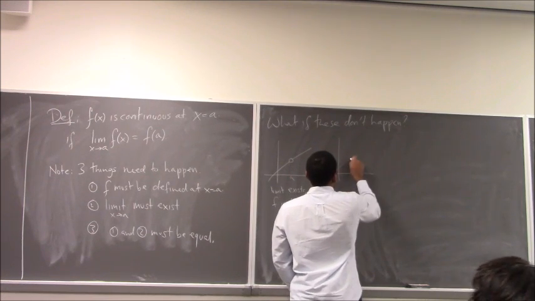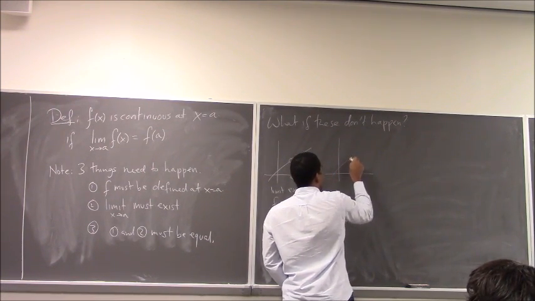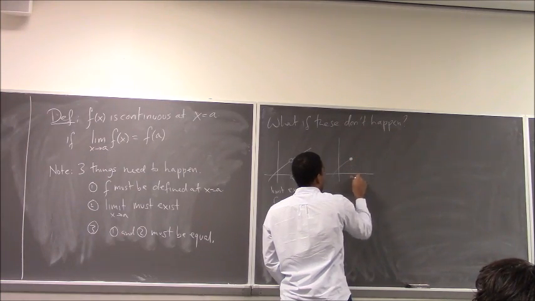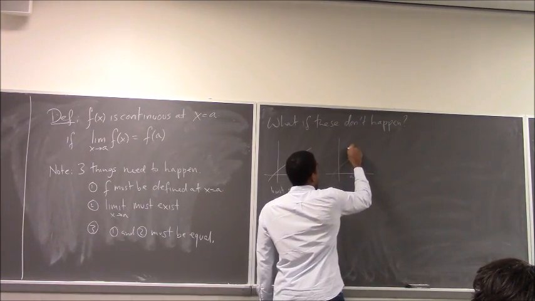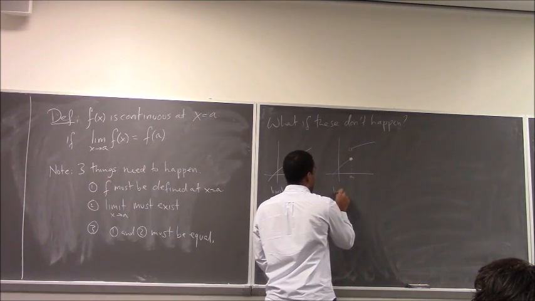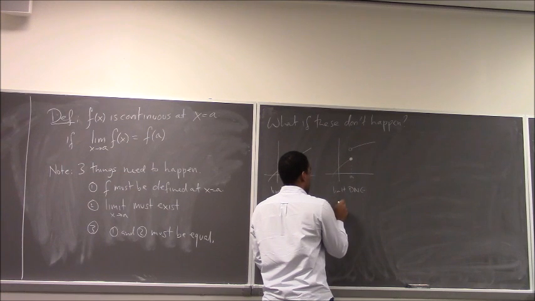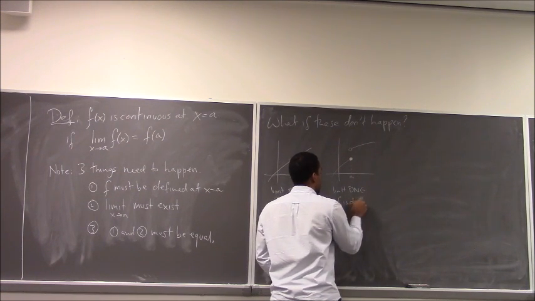It's also possible for the function to exist at a, like it has an output, which is that shaded point, but the limit doesn't exist. So this is a case where the limit does not exist, but f is defined.